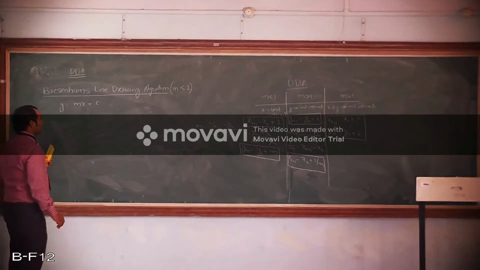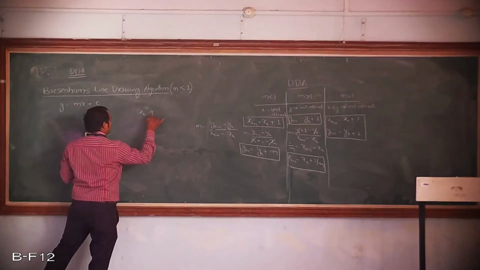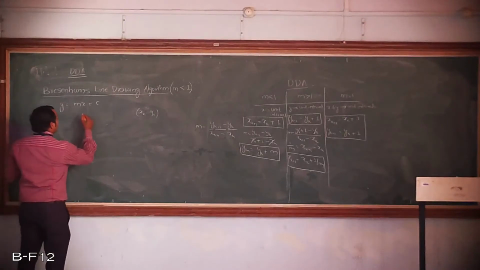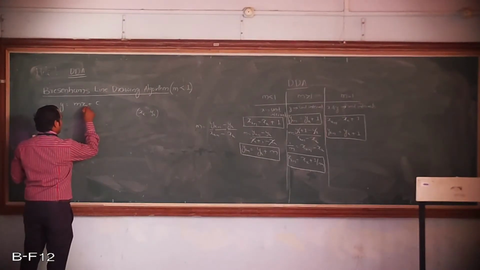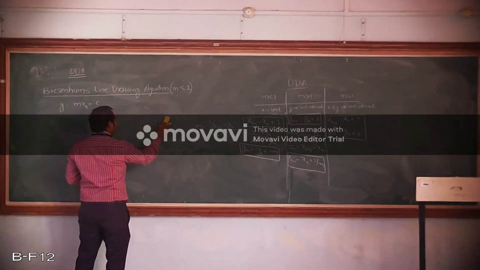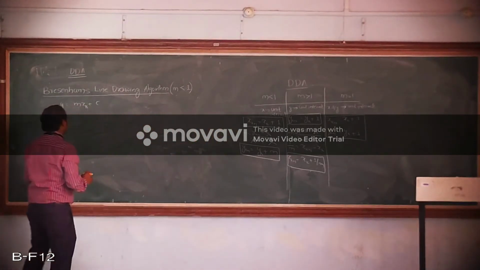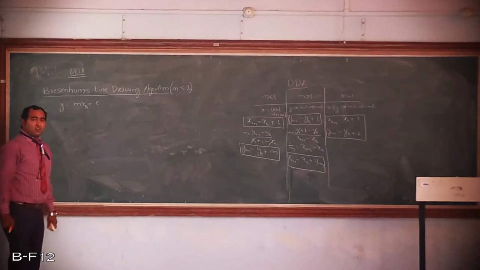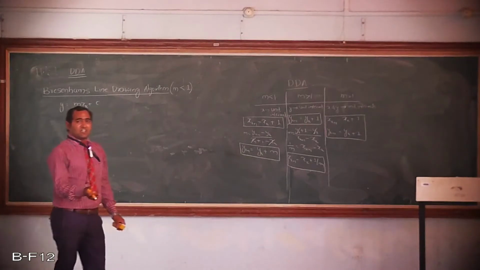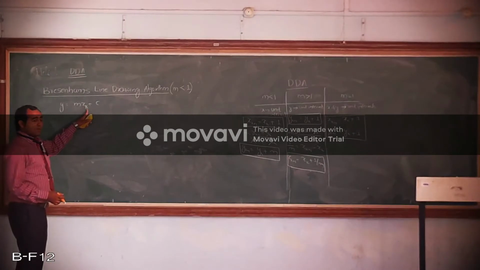If I generalize and take it for xk, yk, I will write it here as xk. This is the previous coordinate point. If I want to obtain the next x coordinate, the next x coordinate will be xk plus 1.